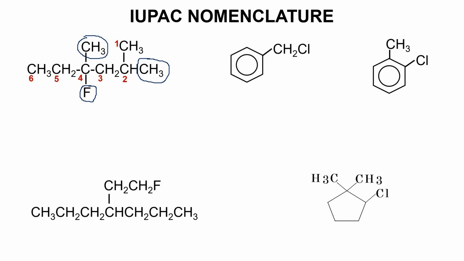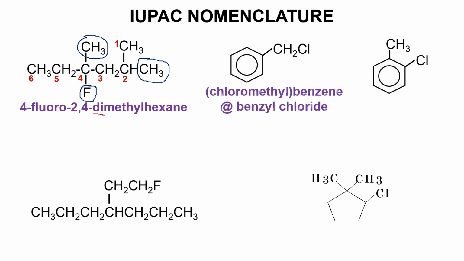So we should arrange it alphabetically. So it is named as 4-fluoro-2,4-dimethylhexane. So di here stands for 2 identical substituents which are methyl.